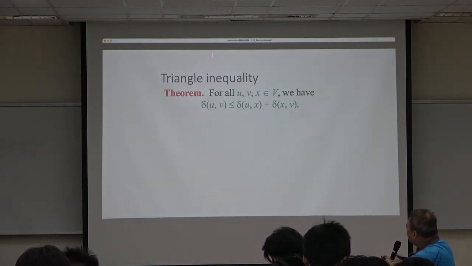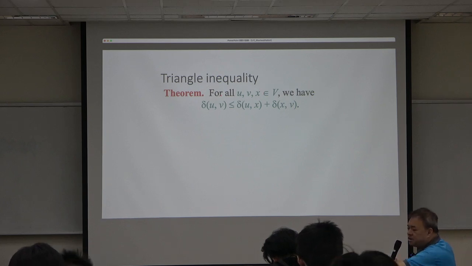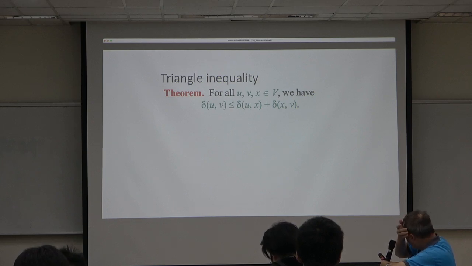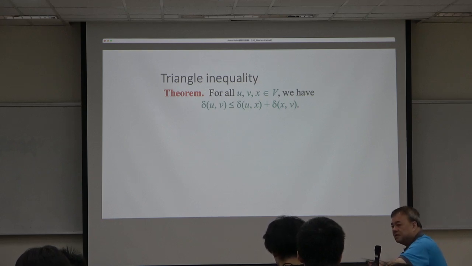For all u, v, x, so any three nodes, the shortest path from u to v will be smaller than or equal to the shortest path from u to x plus the shortest path from x to v.